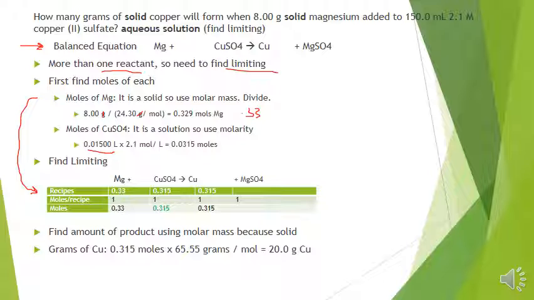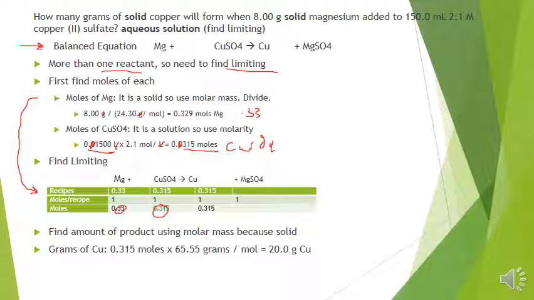So 150 mL is 0.15 liters times molarity 2.1 moles per liter, and that's 0.315 moles of my copper sulfate. Okay, put those down here.